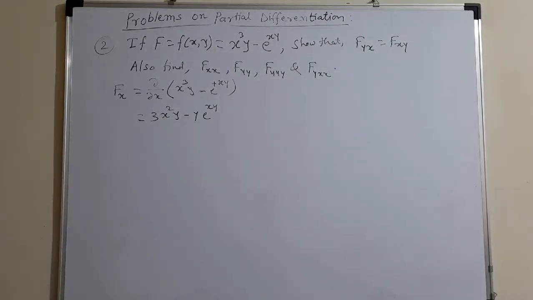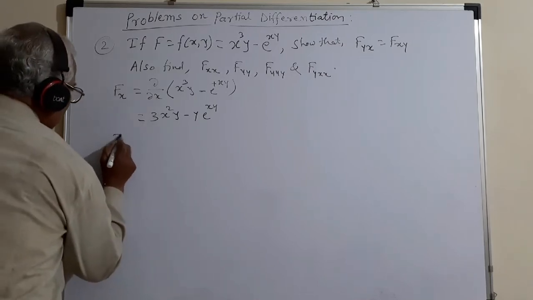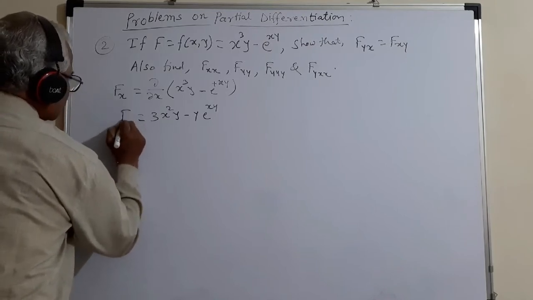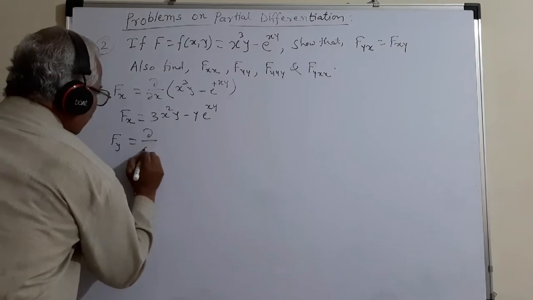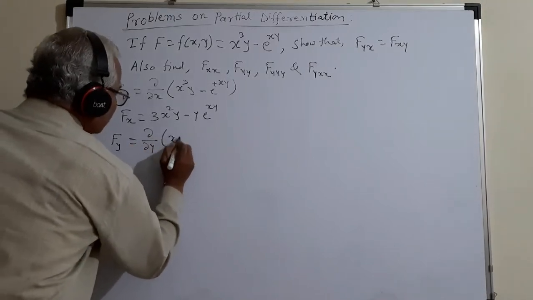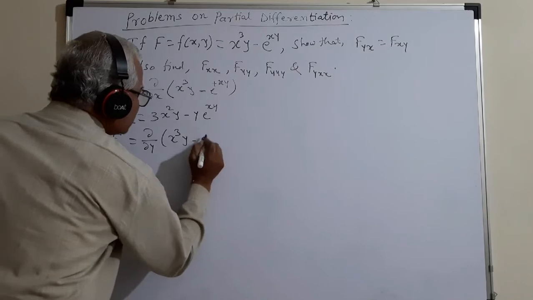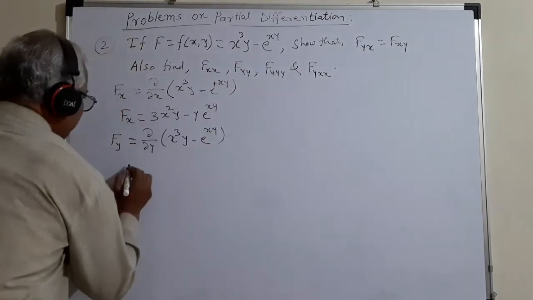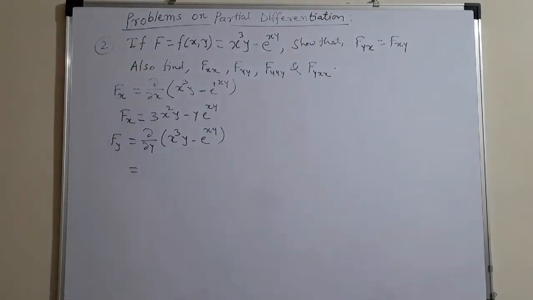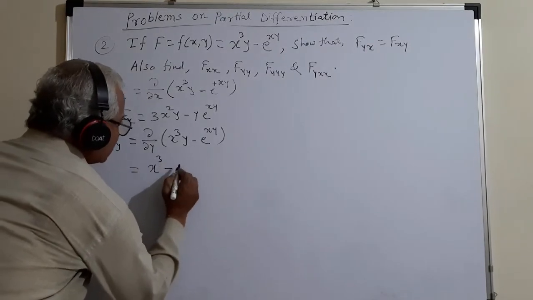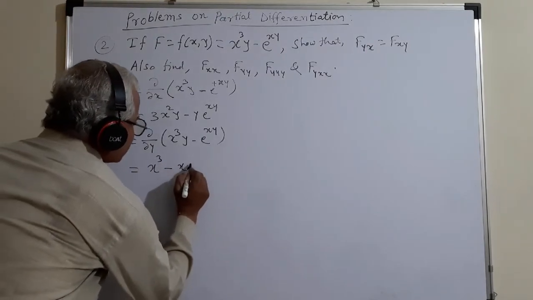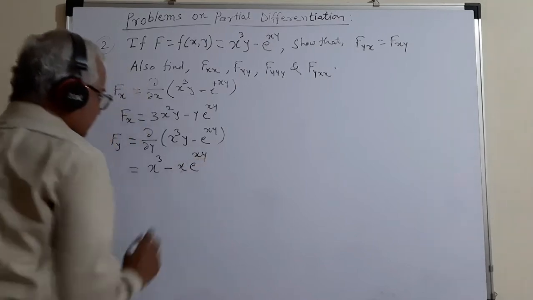Now we can differentiate f partially with respect to y. So fy will be equal to dou by dou y of x cube y minus e raised to xy. Differentiating partially with respect to y, we get x cube minus x e raised to xy.